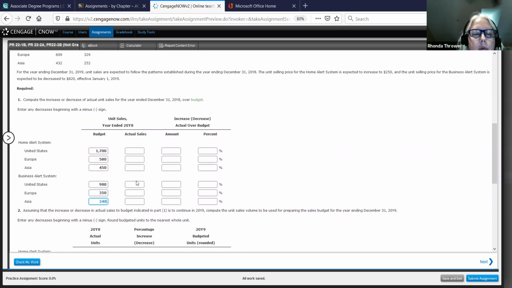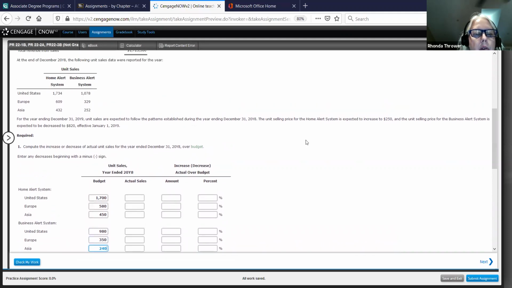And then they wanted us to fill in this column, the actual sales. So you got to move to the actual sales figures, which were right here. For the home alert system, we're going to start with that first. 1,734 for the United States. For Europe, it's 609. And for Asia, it was 432.